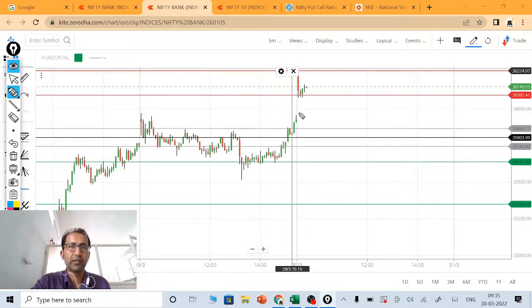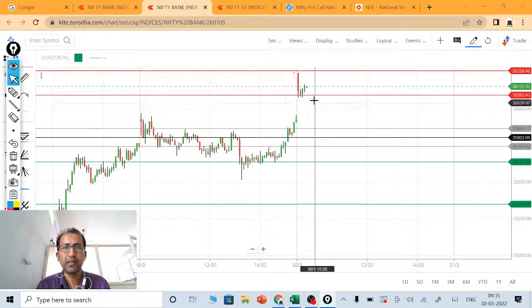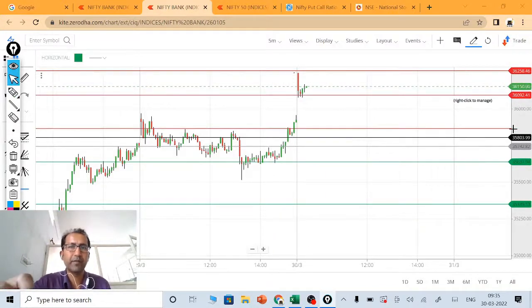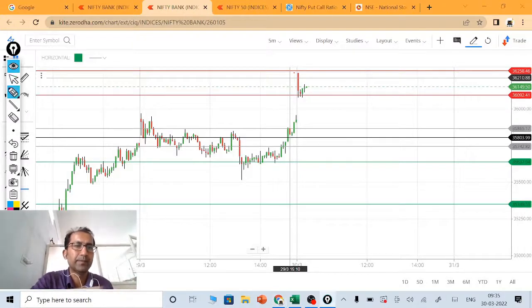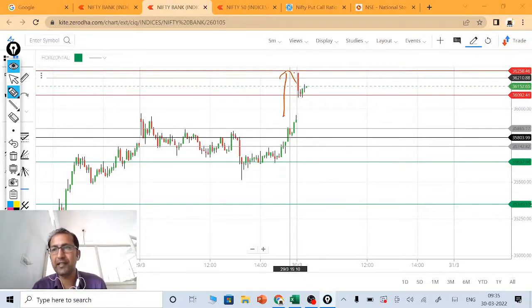So this is the big gap, and markets are currently trading at around 36,001. The dotted line is at 36,151. So what should be your strategy today?